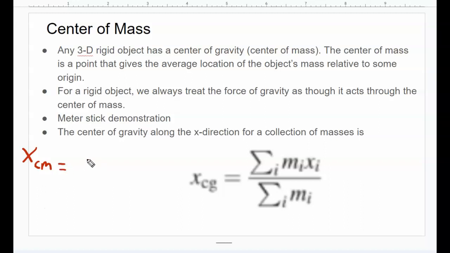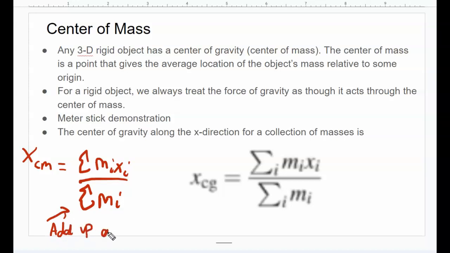Okay, in the equation, we have the sum of m_i times x_i divided by the sum of m_i. Ignore my ugly looking sigmas, but basically on the bottom, this just says add up all the masses.